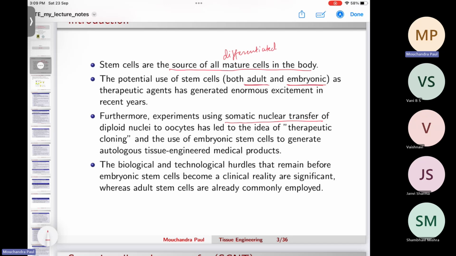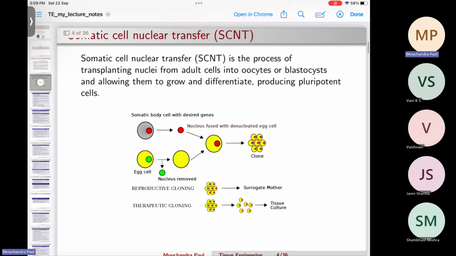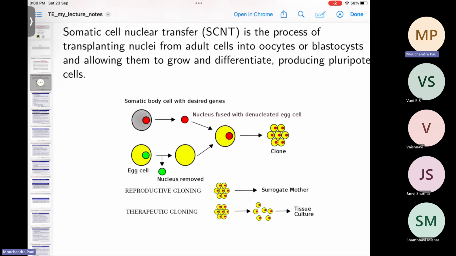This is an experiment where a somatic cell means a differentiated cell. From that cell, people take out the nucleus. Here this red color is the nucleus of the somatic cell, and an egg cell or oocyte, that is the female gamete, they take it and they remove the nucleus of this oocyte.